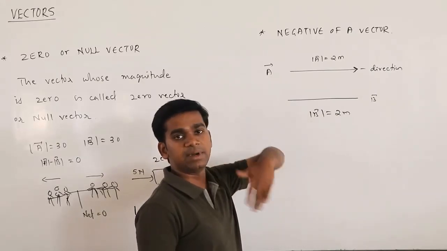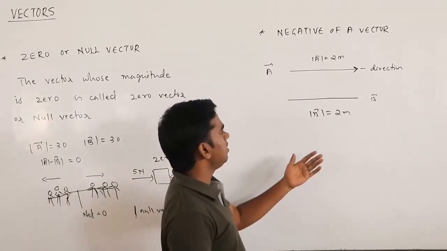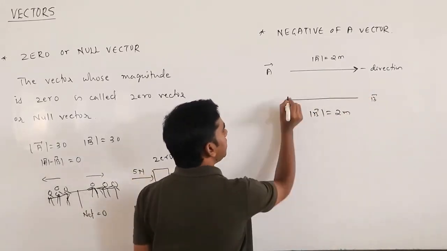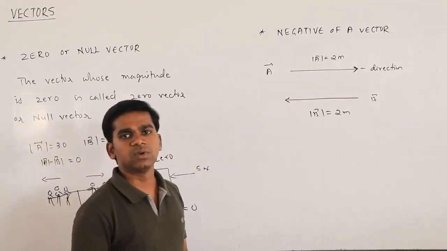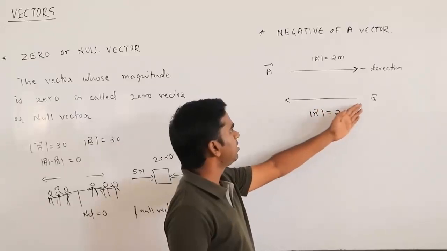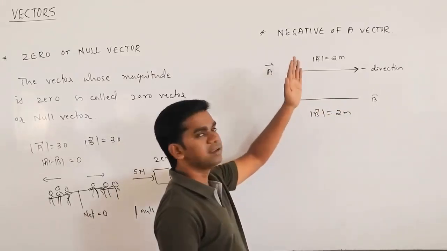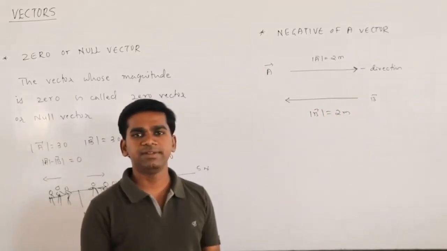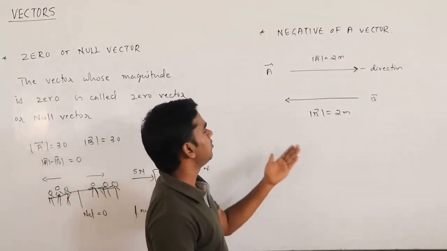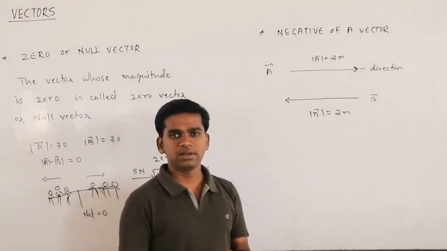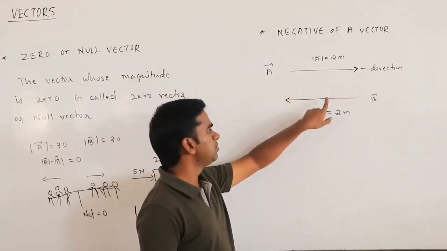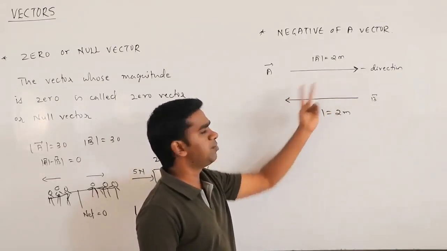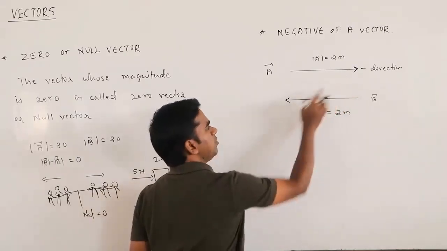But now I will change the direction to the opposite direction. So now you can call vector B the negative of vector A. Then you can define it yourself: what do you mean by the negative of a vector? The vector whose magnitude is the same, but the direction is opposite.